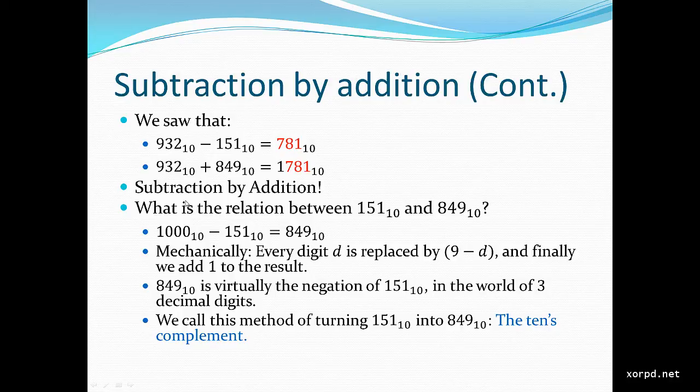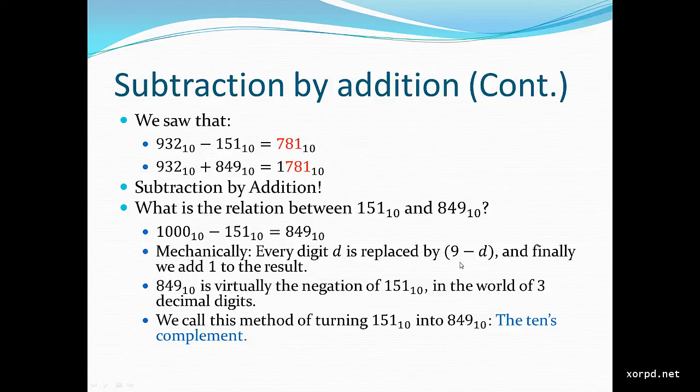What actually is the relation between 151 in base 10 and 849 in base 10? Well, this is the relation. That is how we got this number, the subtraction from 1000. This operation of the subtraction is mostly mechanical. Every digit d is replaced by 9 minus d, and finally we add 1 to the result. Why is that?